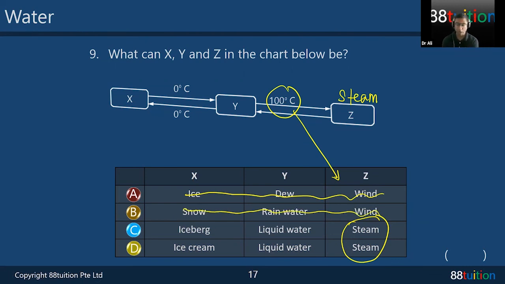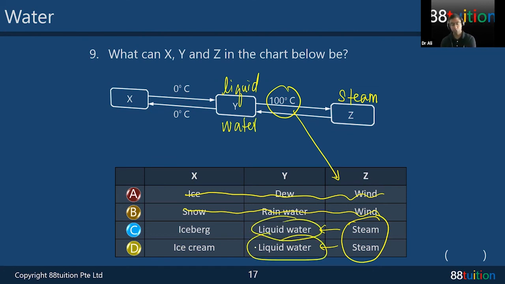Now I can look at Y. I go backwards. Before it becomes steam, it's a liquid water, right? Before 100 degrees was applied, is liquid water. That's perfect. So that means I still cannot choose between A, C, and D yet. Now comes to the final choice of choosing X. What do you get when liquid water is at 0 degrees Celsius?